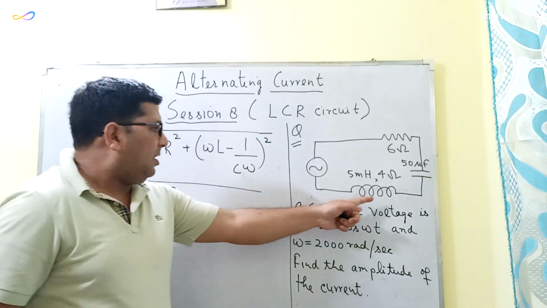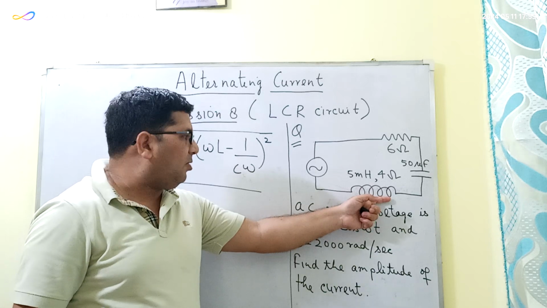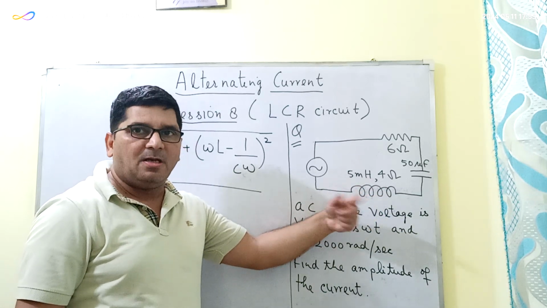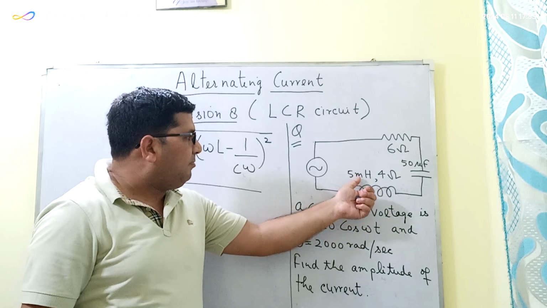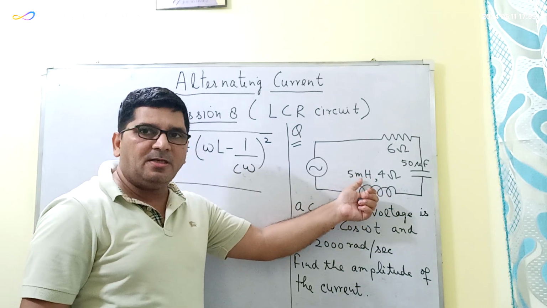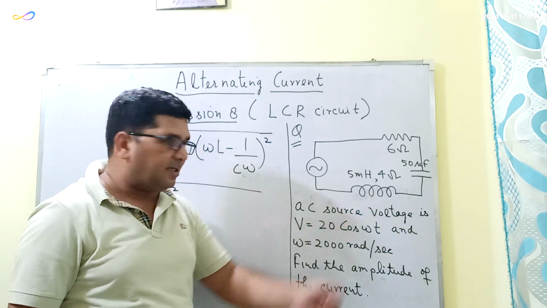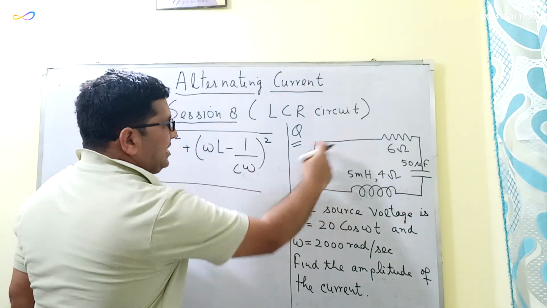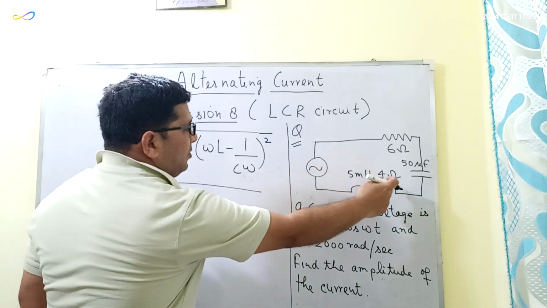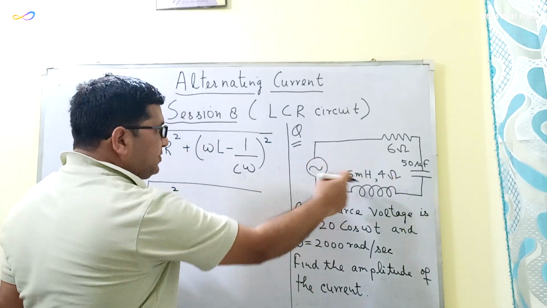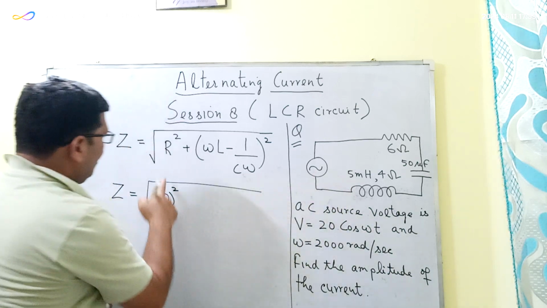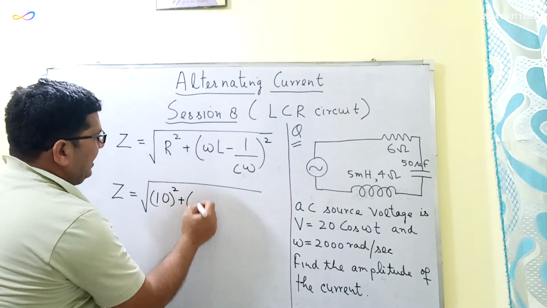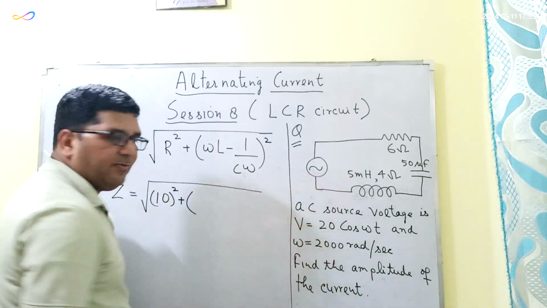This is an inductor coil which also has some resistance in its winding, and this 5 millihenry is the self-inductance of this inductor. So the effective resistance of this LCR circuit is 6 plus 4, that is 10 ohms, so R is equal to 10 ohms, so this is 10 square plus L is equal to 5 millihenry.